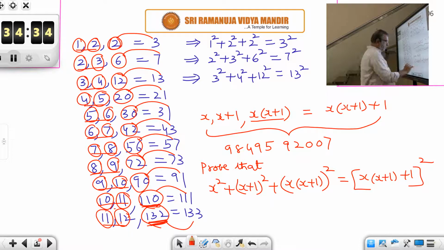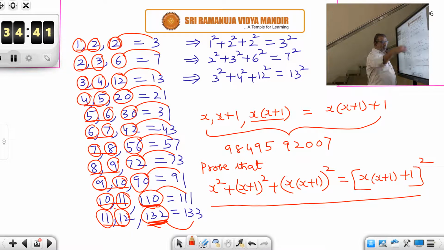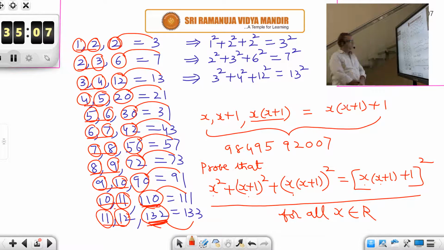This is the general statement, is it not? First number x, second number x plus 1, third number x into x plus 1, right side number x into x plus 1 plus 1. You have to prove this, and this is true for all x, not only natural numbers, for all x belonging to R. For all real numbers, this is correct.